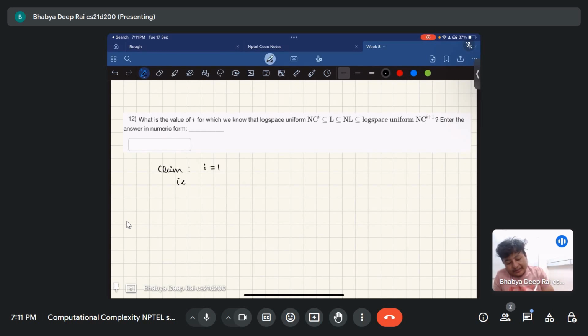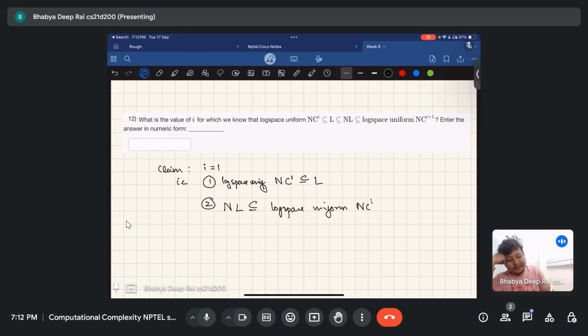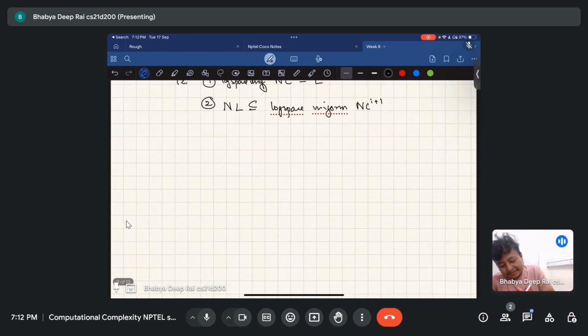That is, NC1 is contained in L. And the second claim is that NL is contained in log space uniform NC^(i+1). So what is meant by log space uniform?